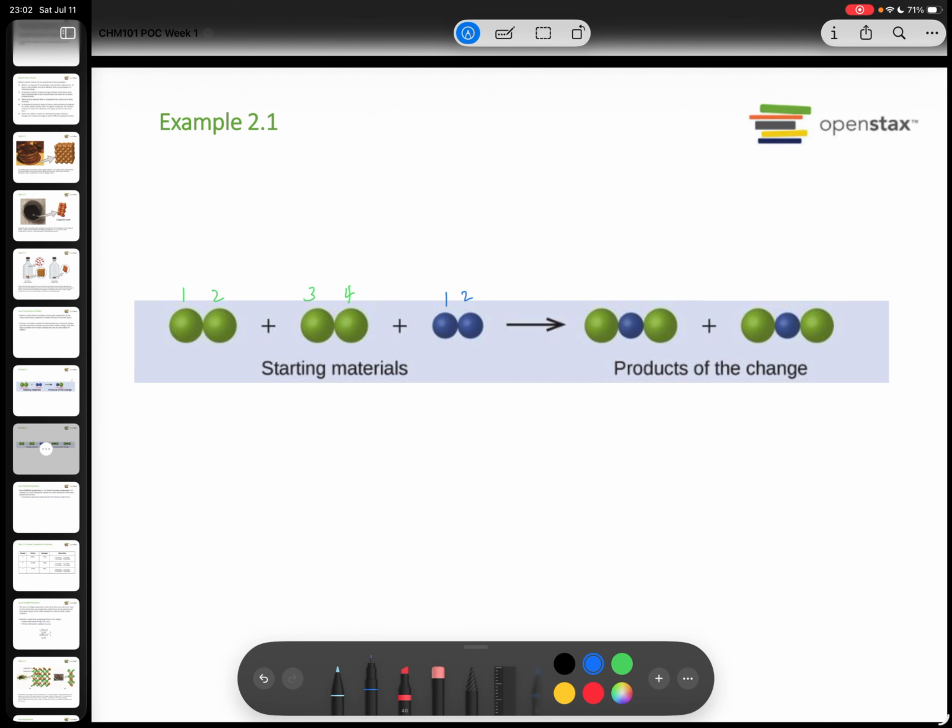Okay? 2 blue atoms in total. 4 green, 2 blue. The products also contain, check natin yung sa products. So, we have here 1 blue atom, 2 blue atoms. Tapos ilan yung green? 1, 2, 3, 4. So, the products also contain the same number of green atoms and blue atoms in total, okay?